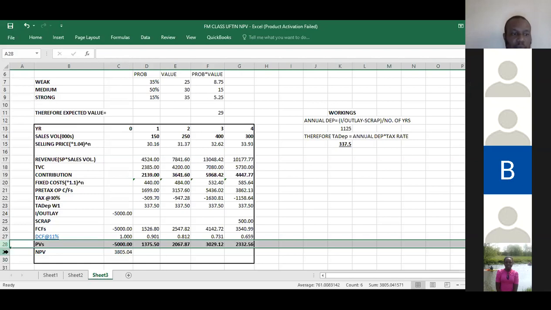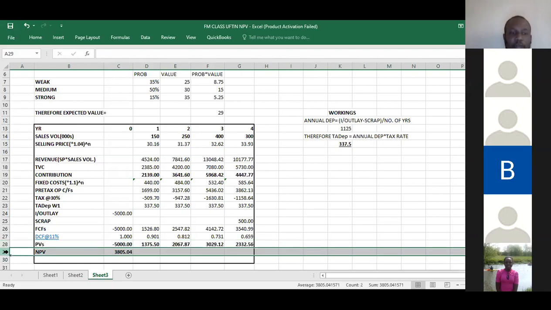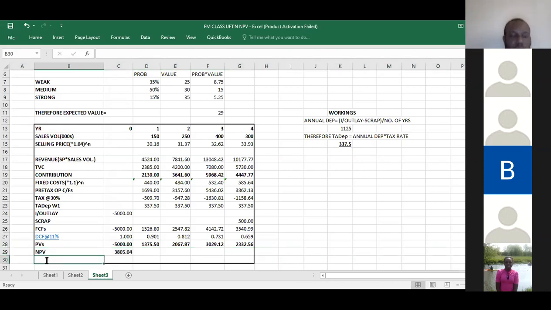So my net present value is what? So what will we say? Accept the project on financial grounds because NPV is positive.